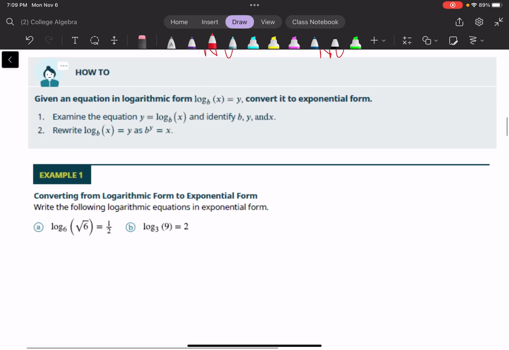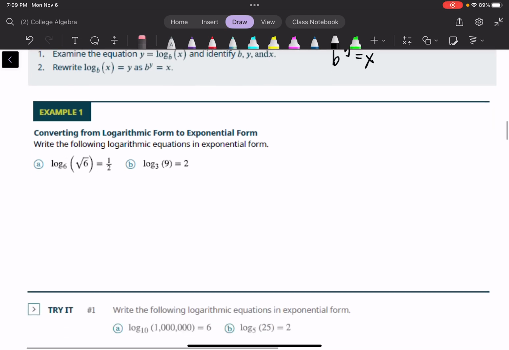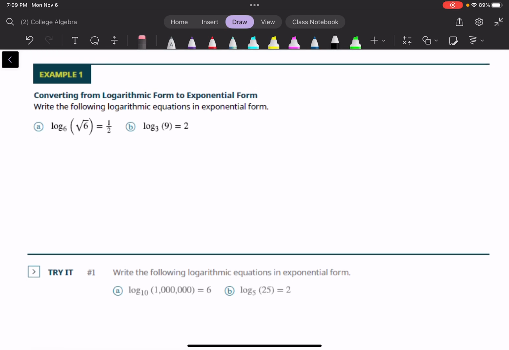Again, as mentioned previously, one of our big tools here is going to be converting from the logarithmic form, log base b of x equals y, to the exponential form. Recall that exponential form is b to the y equals x. In example 1, we're going to convert from the logarithmic form of this equation to the exponential form.